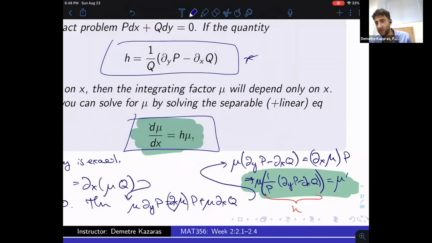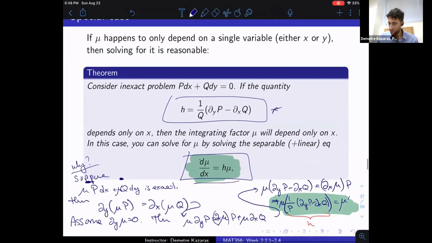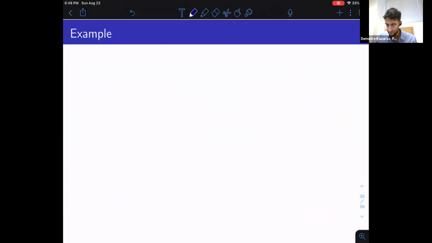You would do the same calculation, except when you encountered the x derivative of mu, you would ignore it because that would be 0. Right, so this is the explanation of this fact and why these quantities pop up. All right.